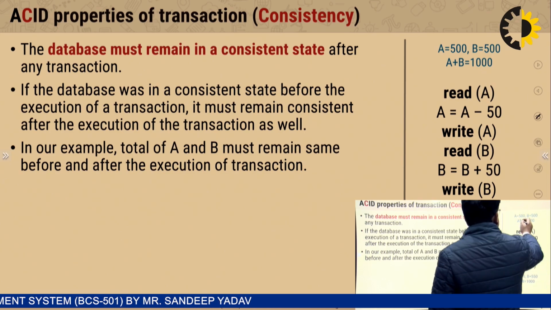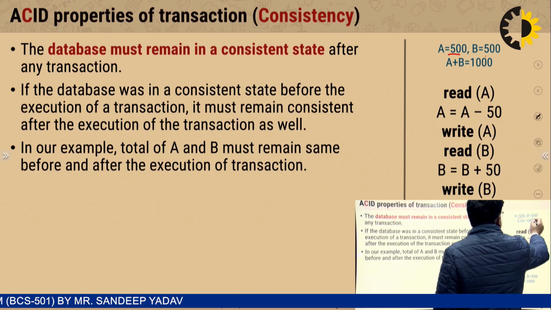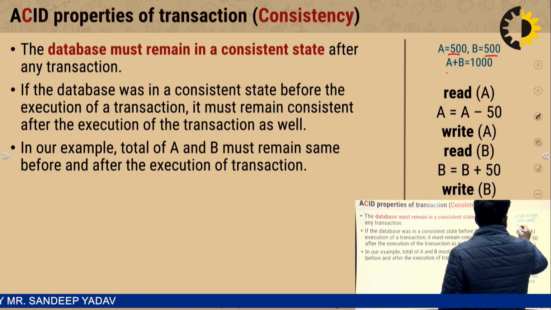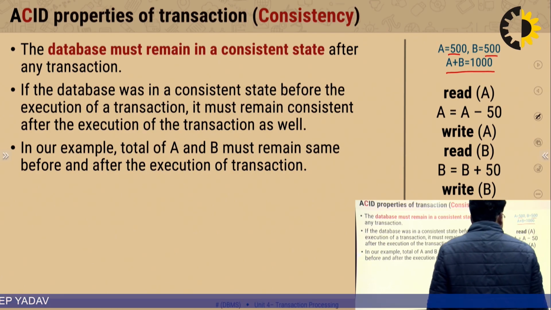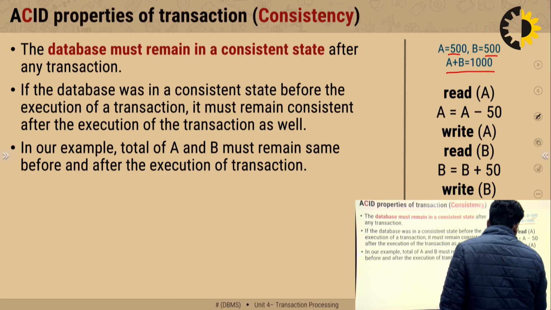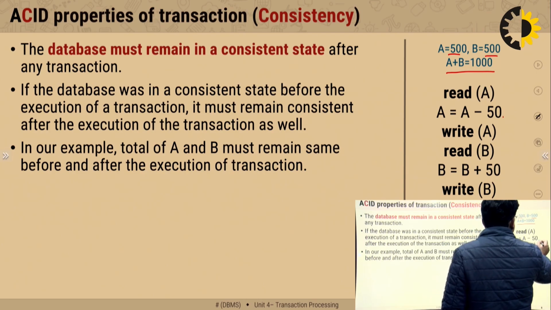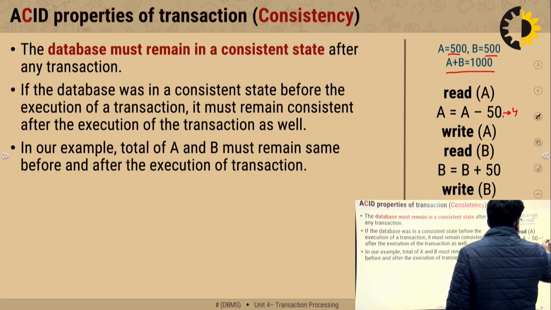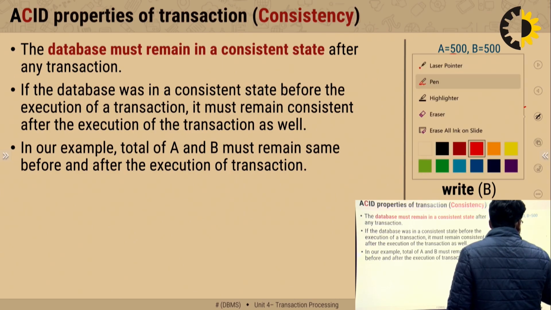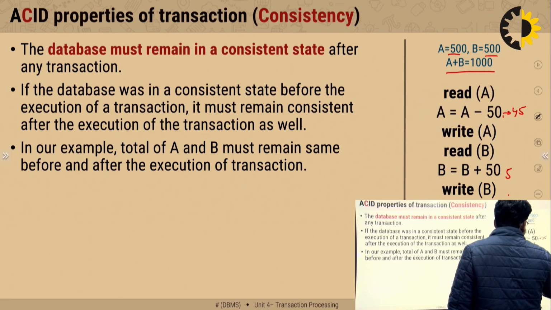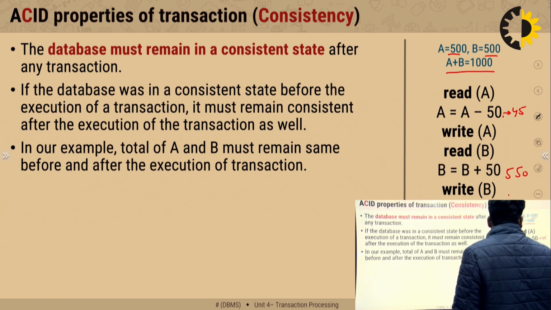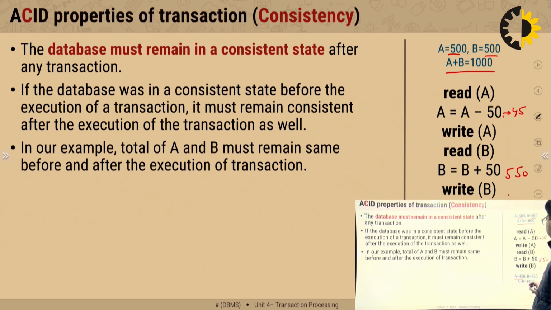Initial value of A is 500 and of B is 500. So the total A plus B is equal to 1000. Now after the transaction the value of A is 450 and of B is 550. Now the updated values are 450 and 550. The summation, A plus B, is 1000.